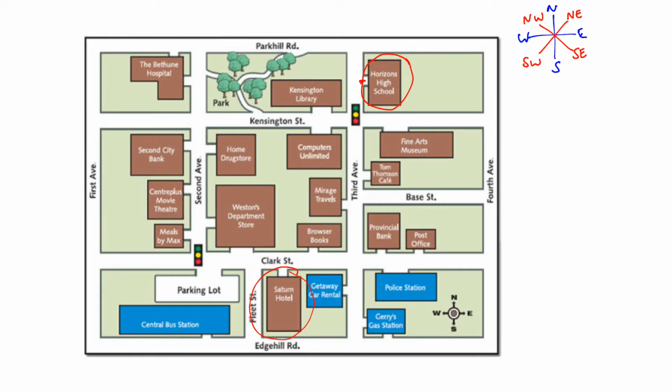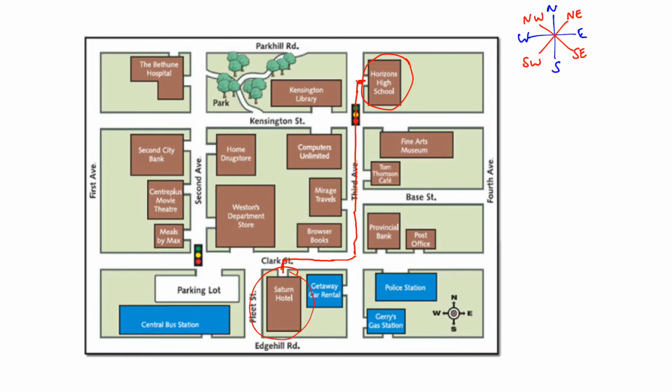But instead of talking about turning left, let's use the directions. So what we need to say is you come out of the high school and head south on 3rd Avenue until you get to the crossroads with Clark Street. Then you go, what direction is this? West. And the Saturn Hotel is on your left-hand side before you get to the next junction.